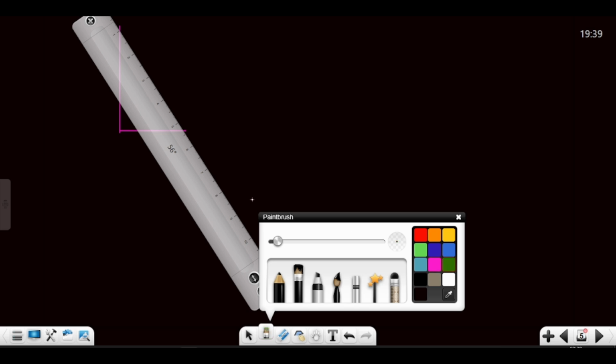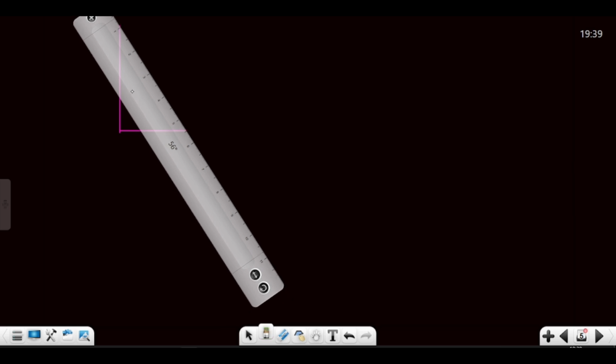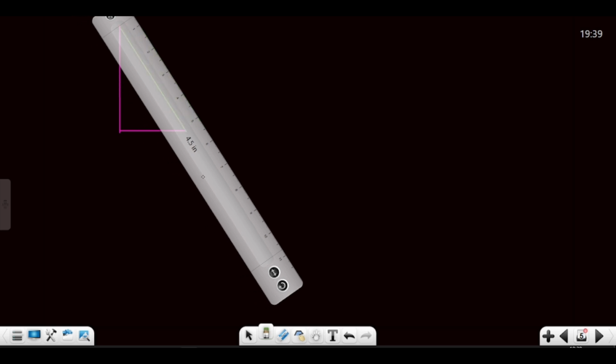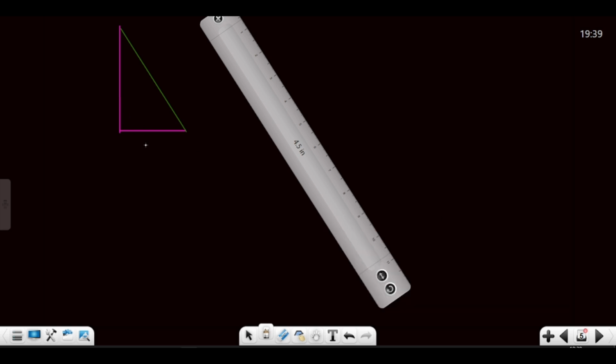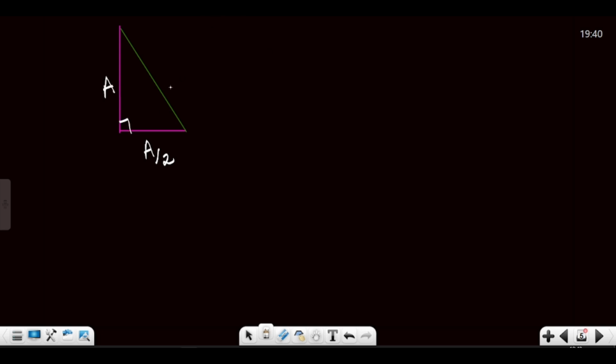They have asked for the magnitude of this one. Okay, let us see. This is A by 2, this is A, this is 90 degrees, and as we all know, this is the hypotenuse.